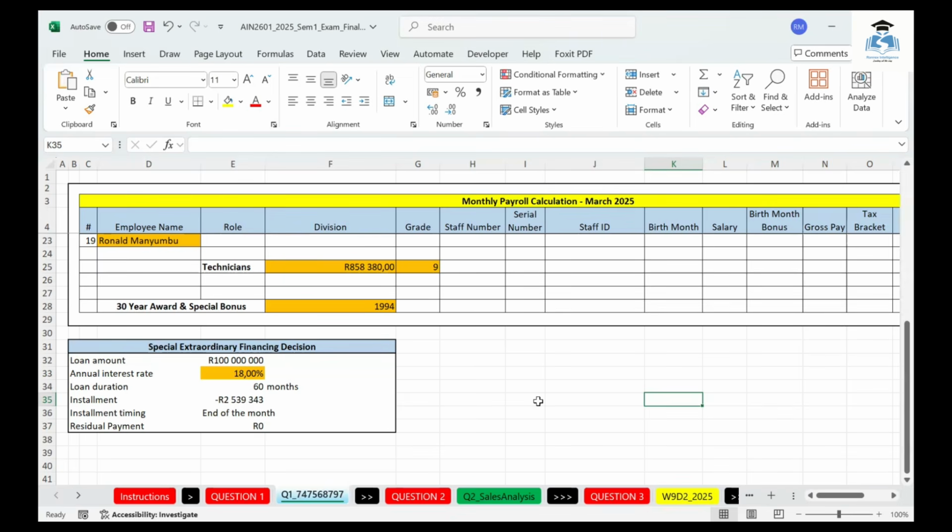August ends, so on the 6th, we then do the VBA. Once we are done with the VBA, then the coming week, we'll do the rest, the entire question paper that we haven't done.